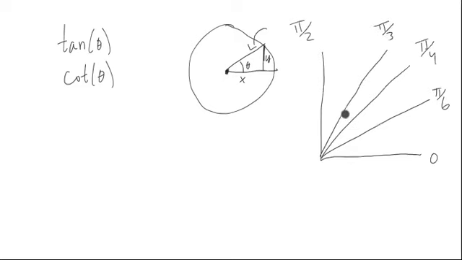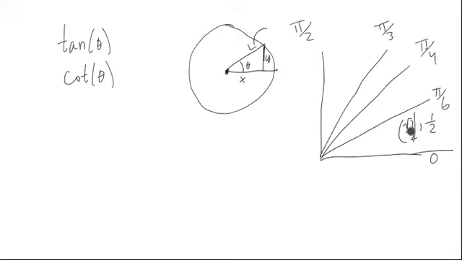Okay, so right here, let's think about what the coordinates in x and y are for pi 6. Well, it's the smaller y value in the picture, so the y value is 1/2, and the x value is the larger one, less than 1, so it would be square root of 3 over 2.